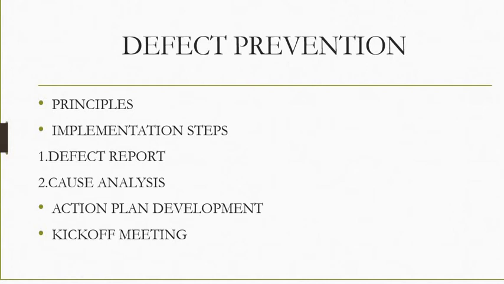Defect reporting is the process of gathering a sufficient amount of information at the time of defect identification. Defect reporting is one of the most important deliverables to come out of testing.